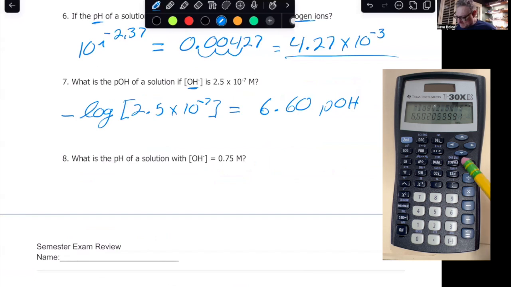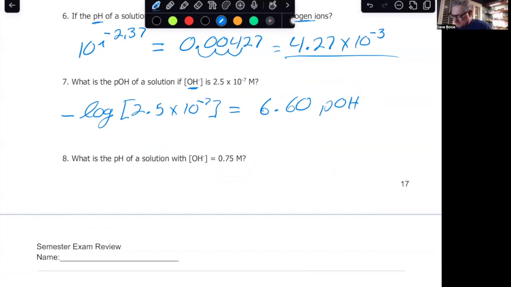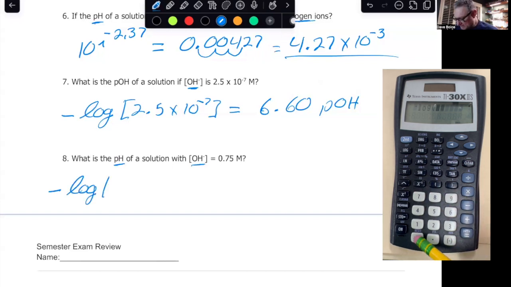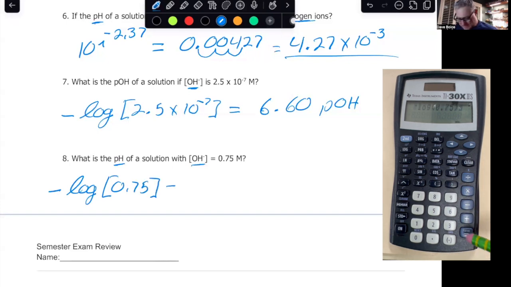What is the pH of a solution with a concentration of hydroxide? Now I have a concentration of hydroxide, so I'm going to need to do two different calculations here. Let's start off by converting my concentration. Negative log of my concentration, which is 0.75, is going to equal 0.1249.